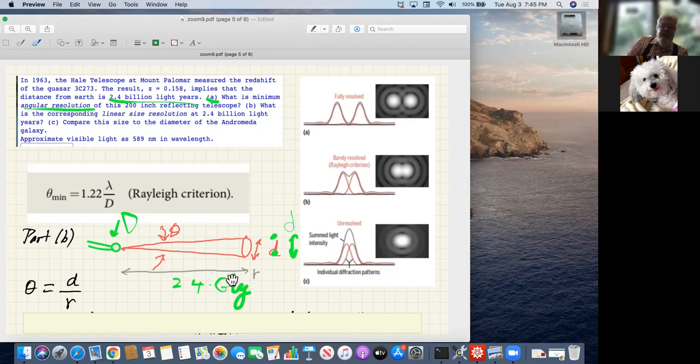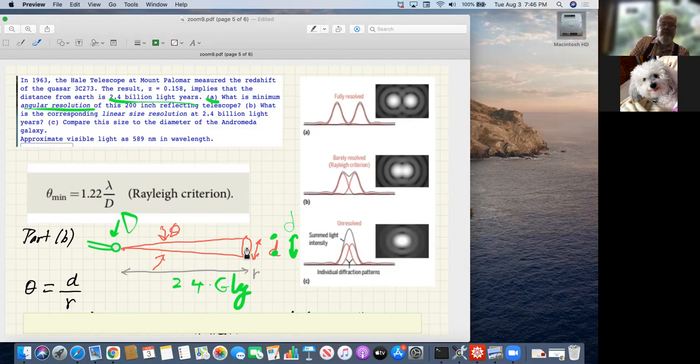So it's the speed of light, 3 times 10 to the 8th meters per second, times the number of seconds in a year, 3.15 times 10 to the 7 seconds. So a light year is approximately 9 times 10 to the 15 meters. This is 2.4 of those light years.